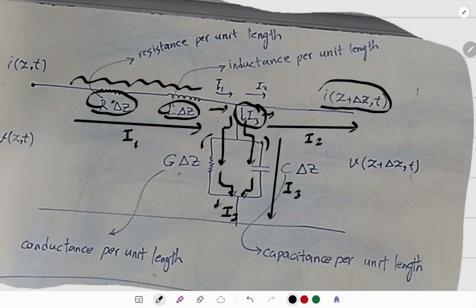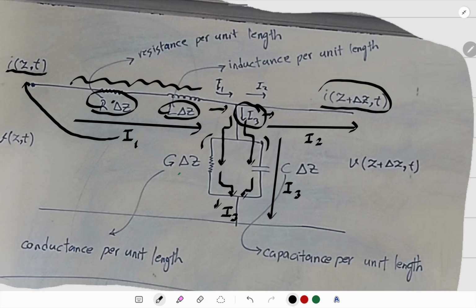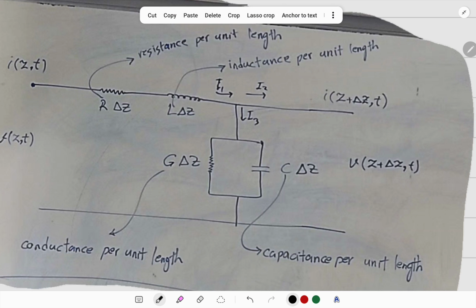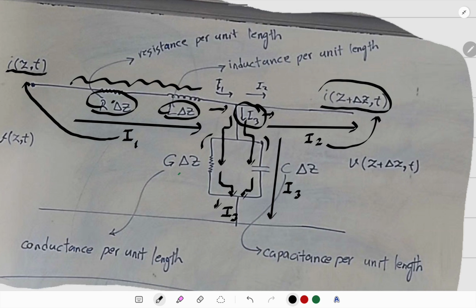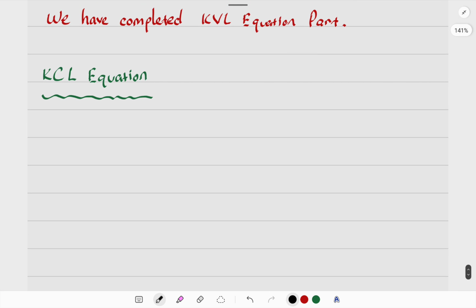Let's also remind you that I1 is equivalent to this I(z,t) over here, and I2 is I(z plus delta z, t). So that is why we can investigate this solution for the KCL.